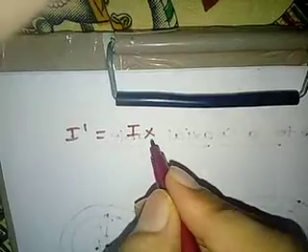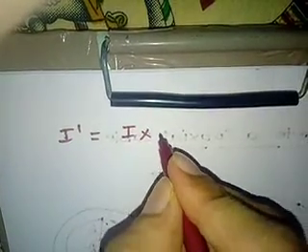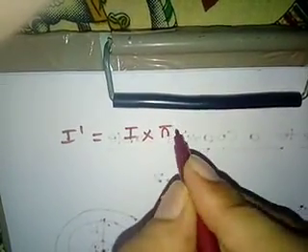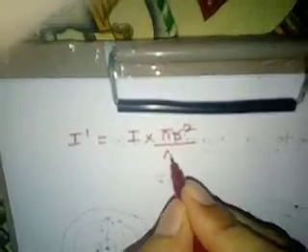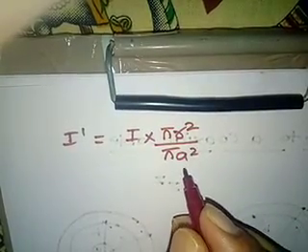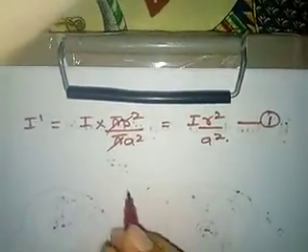We have to take the fraction or ratio of the main current. So I dash is equal to I into the enclosed area pi r square divided by the total area pi a square. Pi and pi will cancel, so we get I r square by a square. Take it as equation 1.